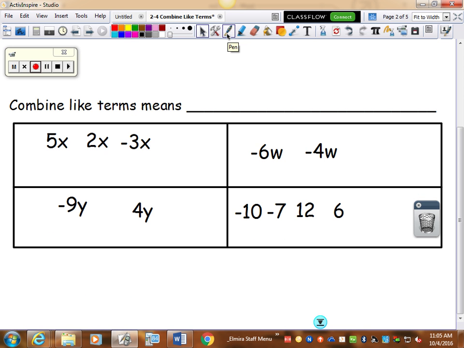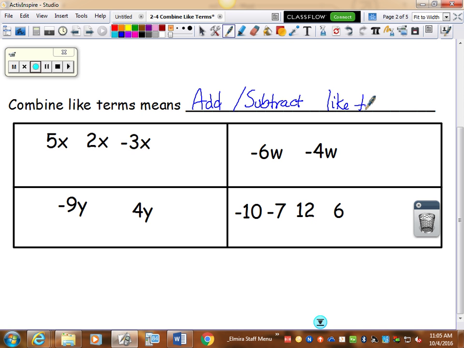They're constants. And constants are still like terms to each other. Alright, when you combine like terms, combine means just like it sounds. It means to add, or because sometimes things are negative, we end up subtracting the like terms. Okay, so 5x plus 2x, and then the negative 3x by itself has a negative sign.